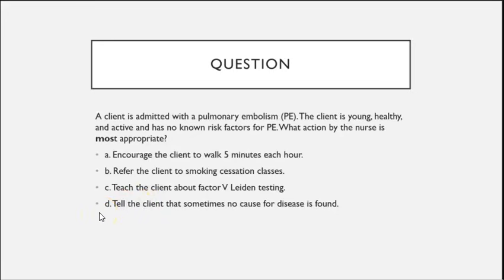So factor V is an inherited thrombophilia that can lead to abnormal clotting events, including pulmonary embolism. So we know that the client is healthy and young and also active. So we need to consider that it is a coagulation pathway issue. So maybe the factor V is abnormal and now they're building up clots.